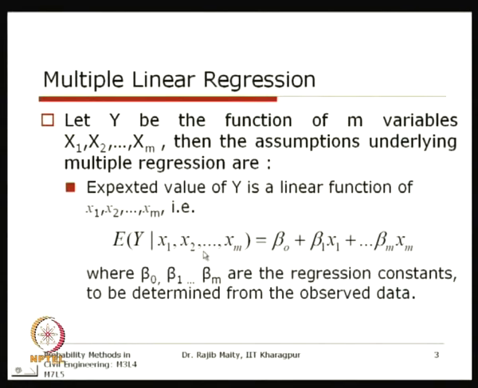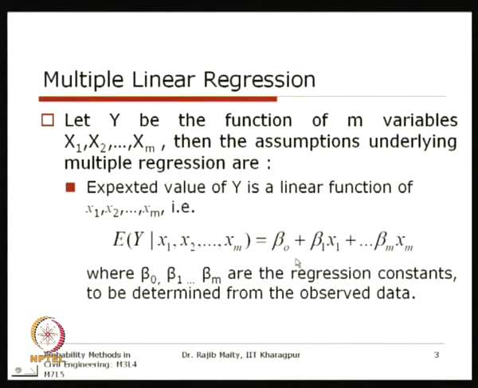This is how we express the expectation of the target variable y when the specific values of the input variables are given, and it is expressed through a linear equation: beta naught plus beta 1 x1 plus beta 2 x2 up to plus beta m xm.